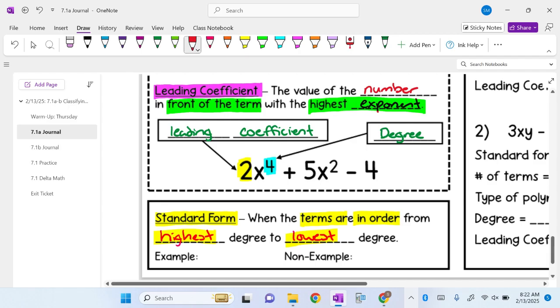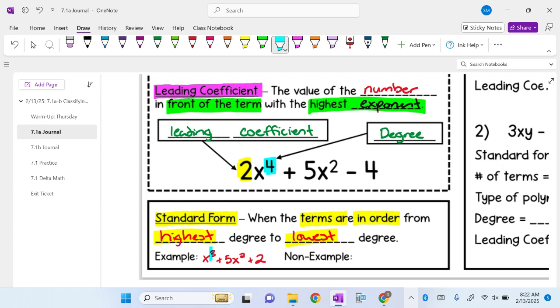So an example of this would be x cubed plus 5x squared plus 2. So if you look, it goes 3, 2. Now, if we have a constant, what's technically the exponent? Not 1. So there's an invisible x here.